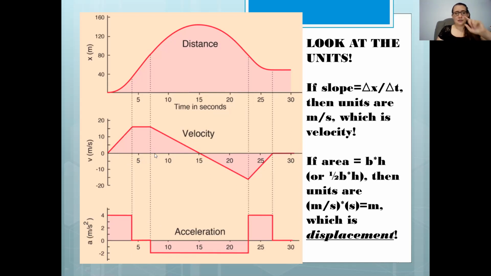So the base, the x unit in this graph, is time, so seconds, times the height unit, meters per second. So meters per second times seconds gives us meters, and that's the unit of position. Well, really here, displacement, so we're dealing with a change in position. So these things are all connected to each other. We can go down and we can go up.